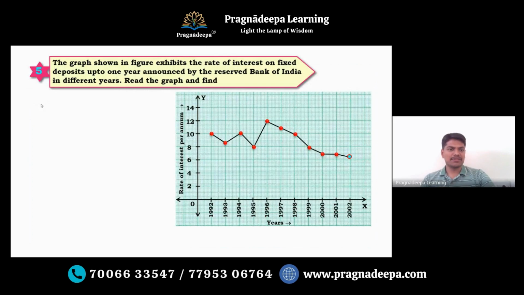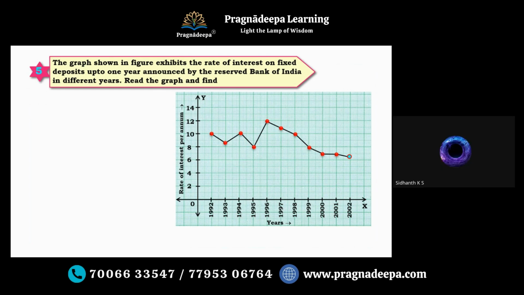Can you read this portion? The graph in the figure exhibits information about the rate of interest of the Reserve Bank of India in different years. Read the graph and find the answers. Shall I ask you the questions, Siddhant? Are you ready?